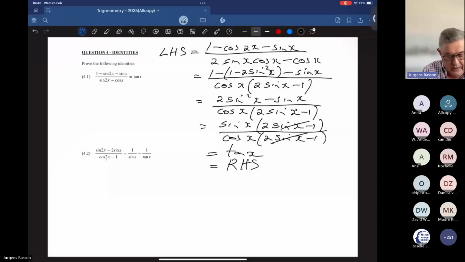There is another one, and you will see this left-hand side has also 2 double angles, one for sine and one for cos. And that is now something to get. This one is a little bit more exciting than the one we just did. And let's start with the left-hand side.